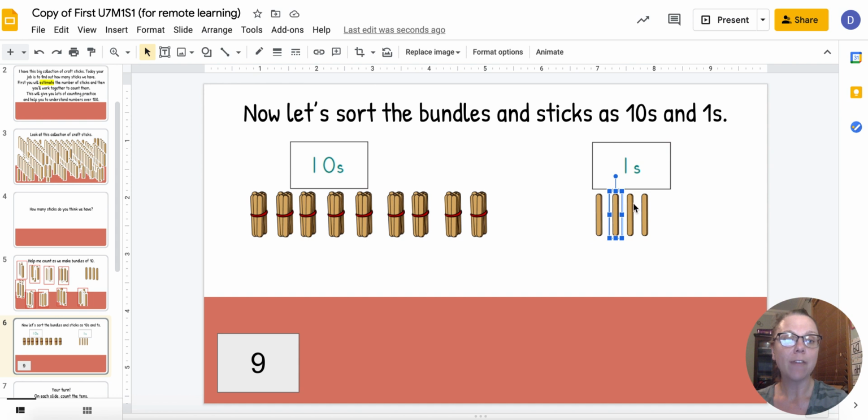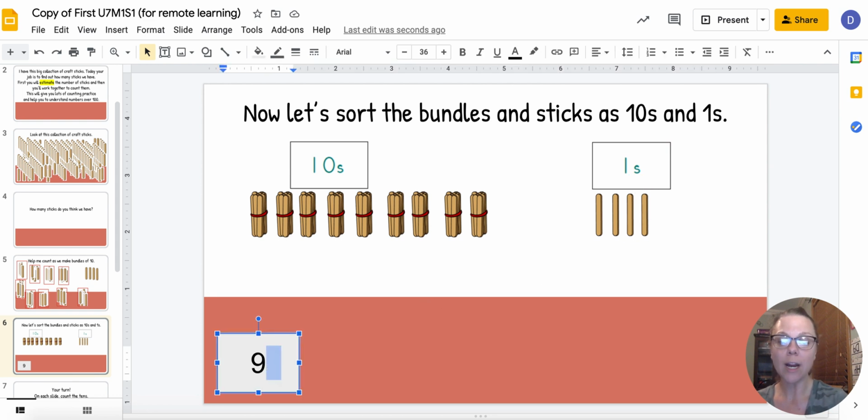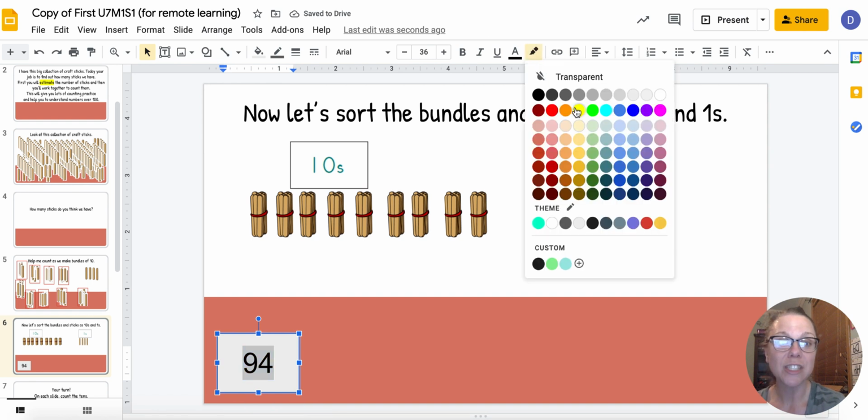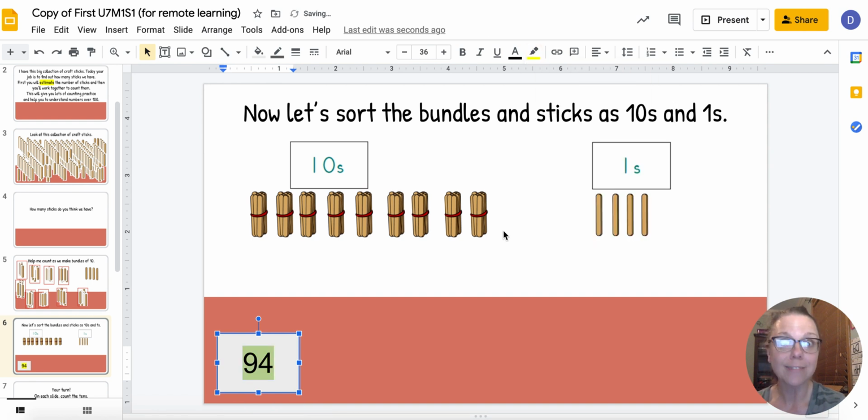And then I have 4 more. 1, 2, 3, 4. So I'm going to put a 4 here. Does this show 94, which is the same number I counted before? It sure does. 94. 9 tens is 90 and 4 more ones.